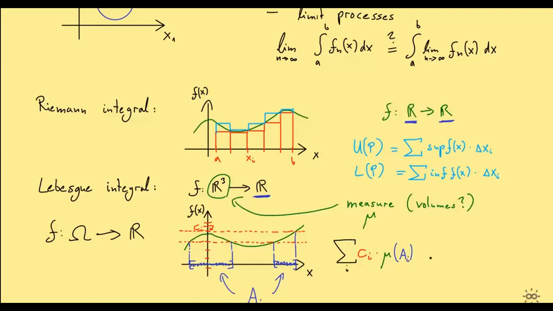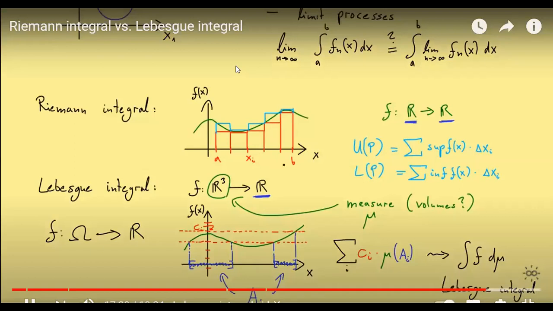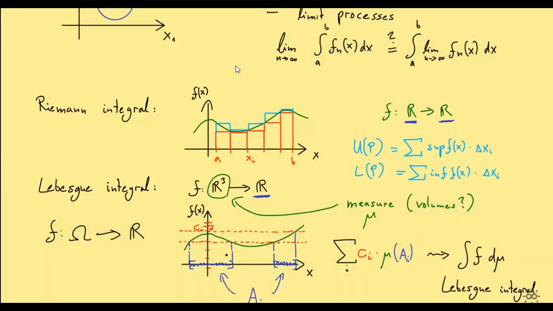Then again, with some limit process with finite partitions, we will get the Lebesgue integral, usually denoted by the integral of f d mu, since now it's depending on the measure we chose on the x-axis. Indeed, this construction now works for arbitrary measure spaces, since the x-axis doesn't need a partition anymore. We just need a partition of the axis that is R anyway.